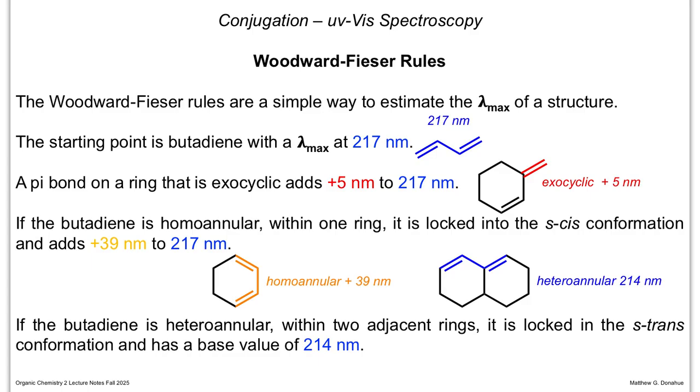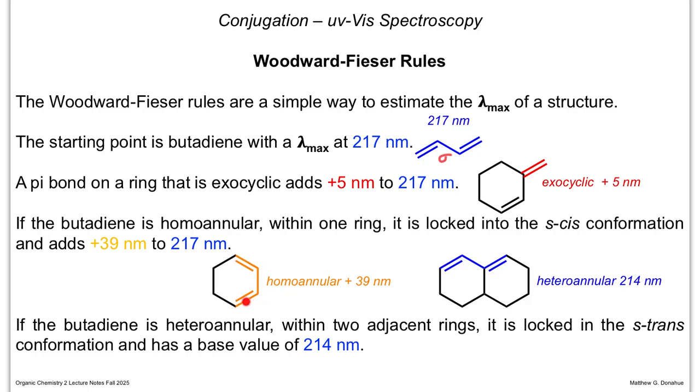So because this was a sigma bond, if we constrain that into a ring where it can no longer freely rotate, that just adds +5. But if we constrain it where the alkenes are on the same side of the sigma bond, that's called homoannular.